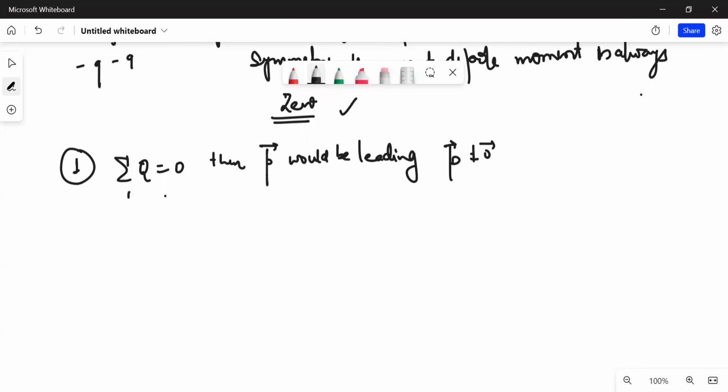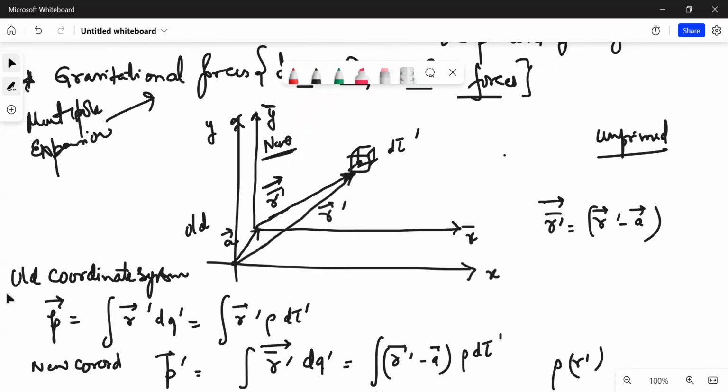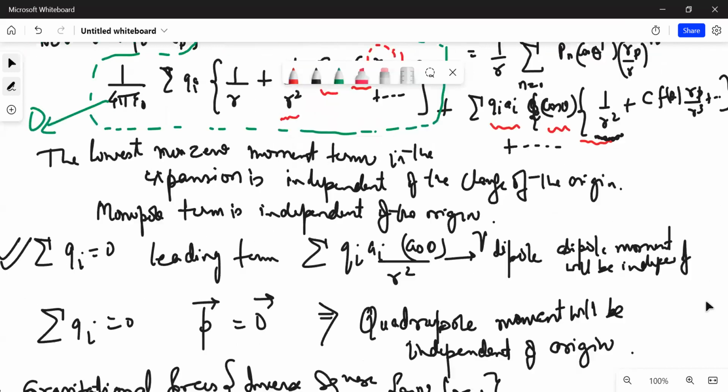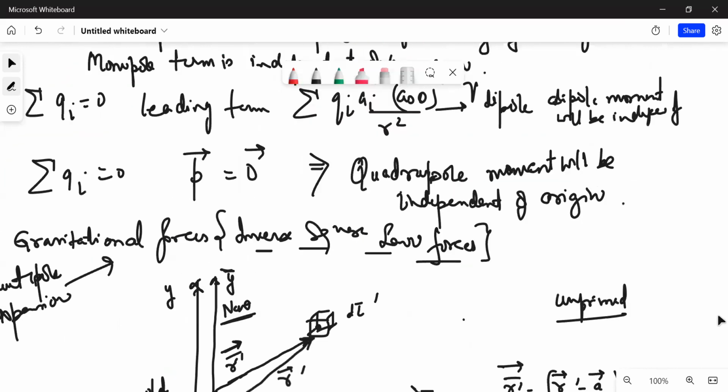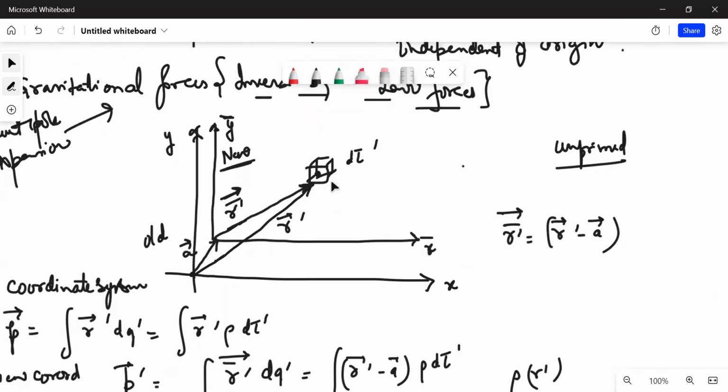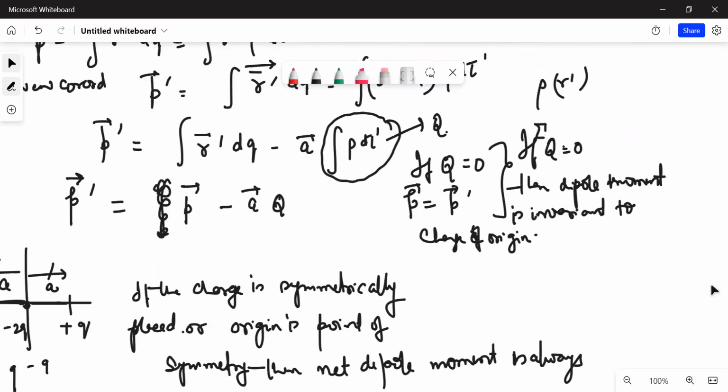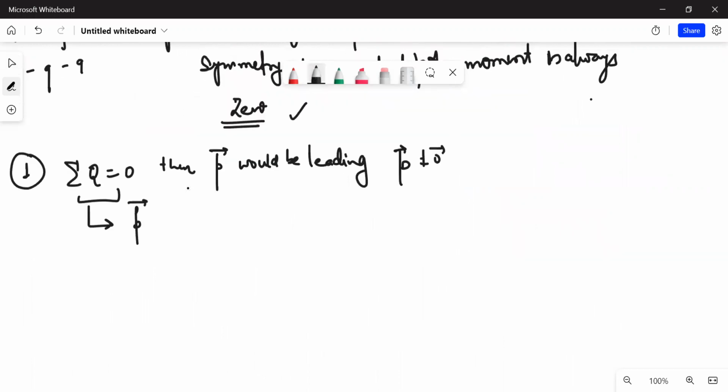Also, if the total charge is zero, then, as we derived in the derivation part from the long derivation on multipole expansions, and this is the Griffiths approach, since Griffiths has done it in an easier fashion, the dipole moment, that is the P vector, becomes independent of origin.